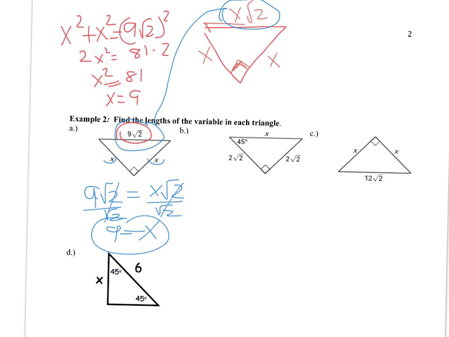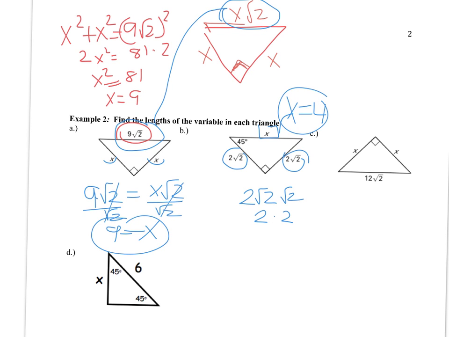In the next problem, part B, this time they're giving me what x is, they're giving me the legs, and I'm going to find the hypotenuse. The hypotenuse is always going to be the legs multiplied by radical 2. So that is 2 times 2, so here x would equal 4.